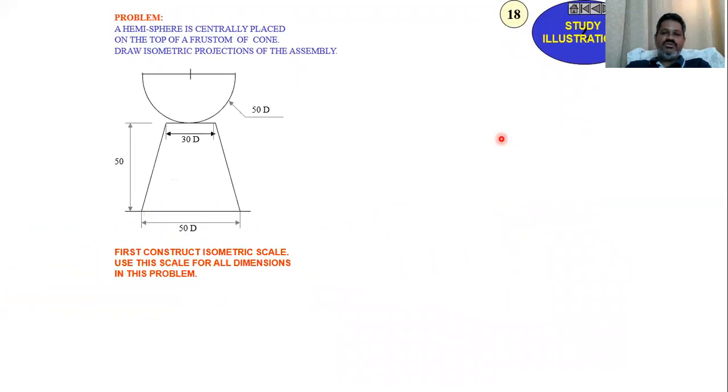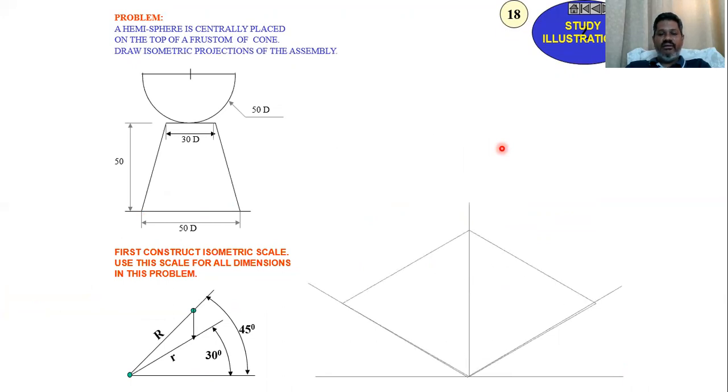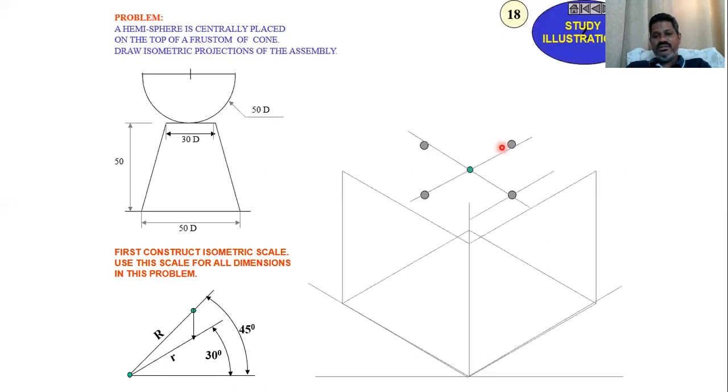Now let me take one more figure. A hemisphere is centrally placed on the top of a frustum of the cone. Draw isometric projections of the assembly like this. Then first draw the cube of side 50 mm like this. Then with 30 mm side, construct one more rhombus like this.